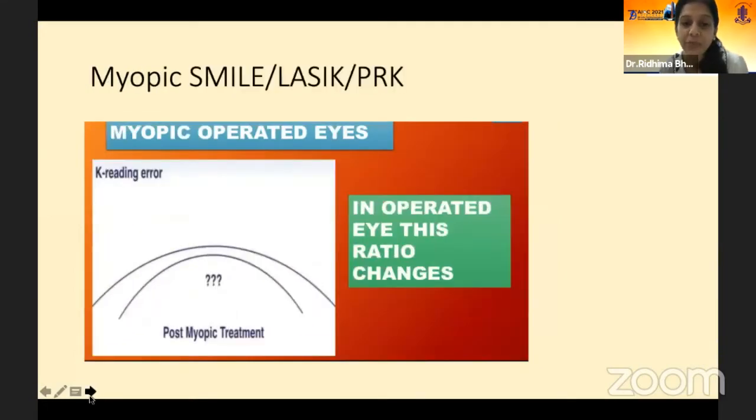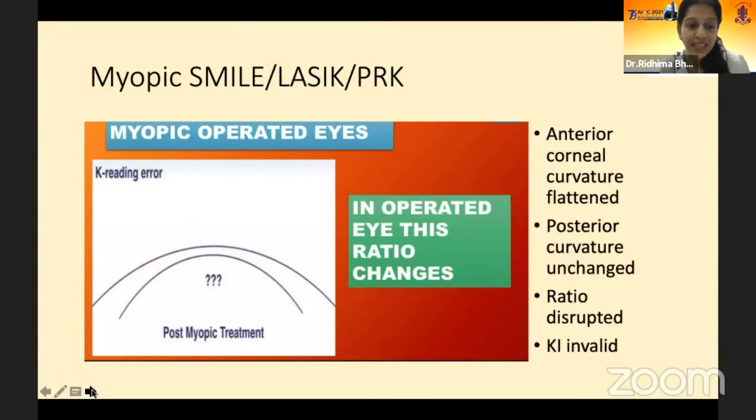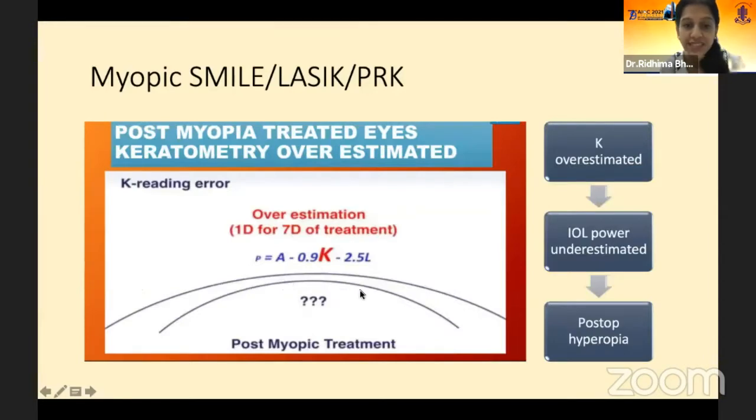What happens after a myopic ablation? In LASIK or SMILE or PRK, we are flattening the anterior corneal curvature. And then the posterior, as we see here in the next figure, the ratio between the anterior and posterior curvature gets disrupted, and then the keratometric index is invalid. That results in an overestimation of the corneal power measurement. So there'll be a 1 diopter overestimation of K reading for every 7 diopters of treatment that we have performed for myopia.